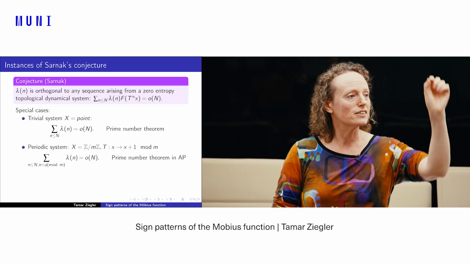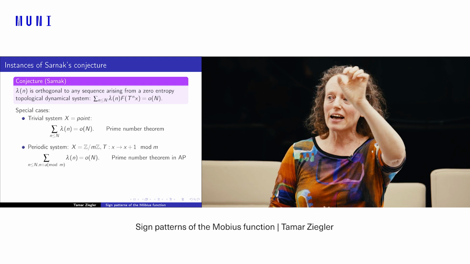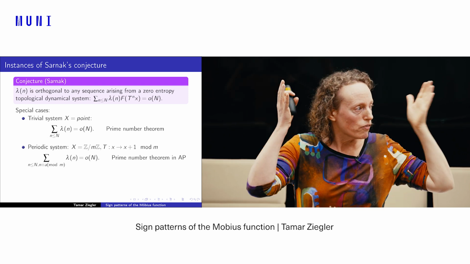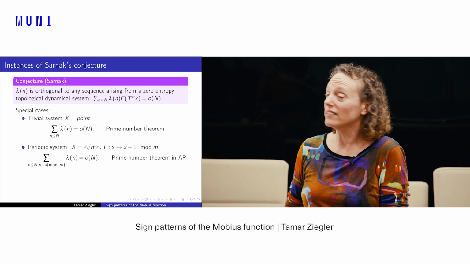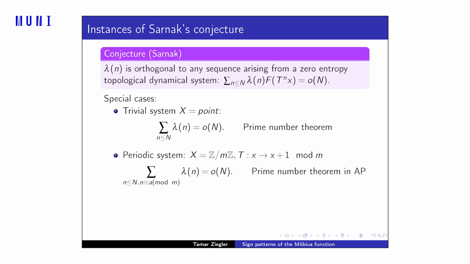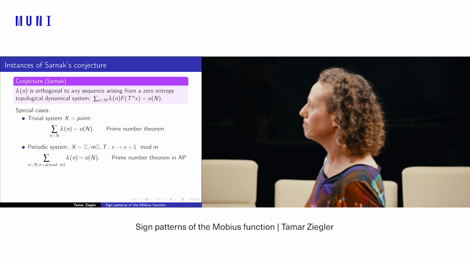So this is really just saying something about the cancellation lambda exhibits along arithmetic progressions of some fixed gap. And that's also a well-known theorem, the prime number theorem in arithmetic progressions. It tells you that every legal arithmetic progression has its fair share of primes, and this is the lambda version of this theorem.